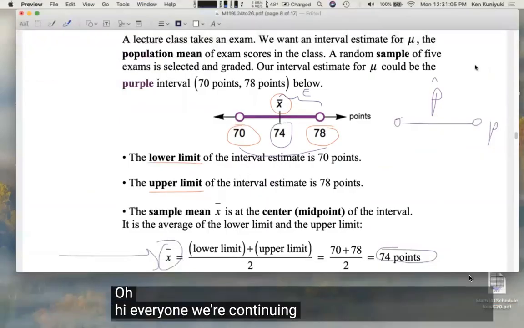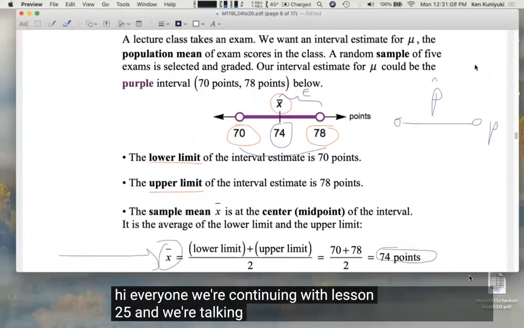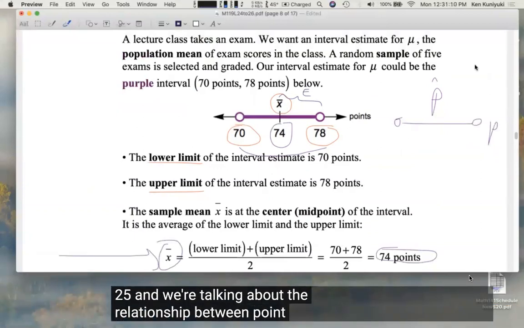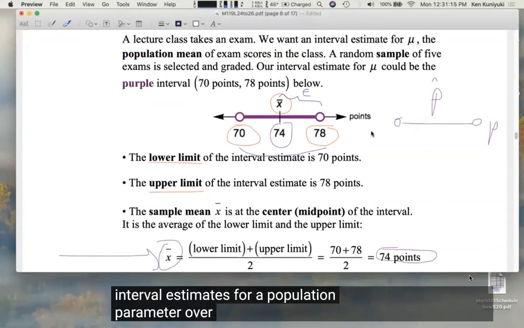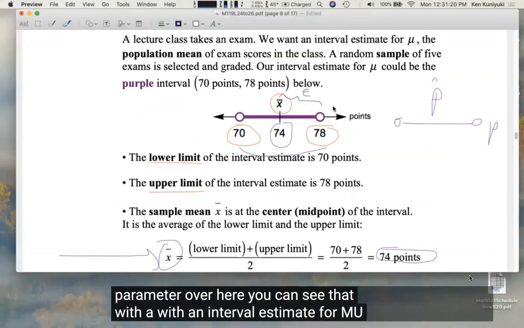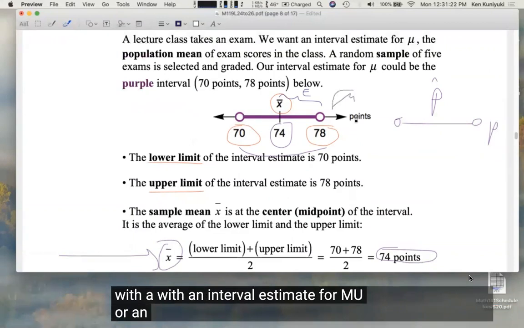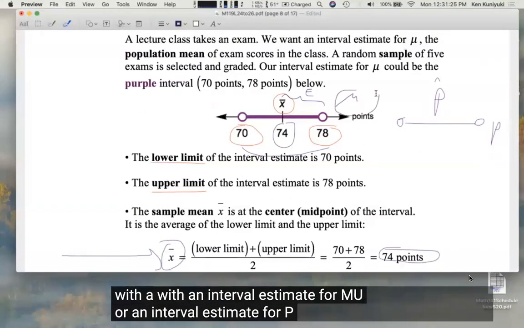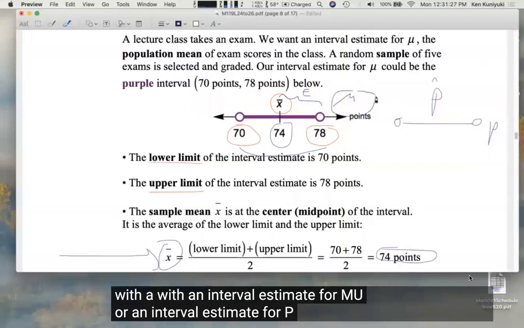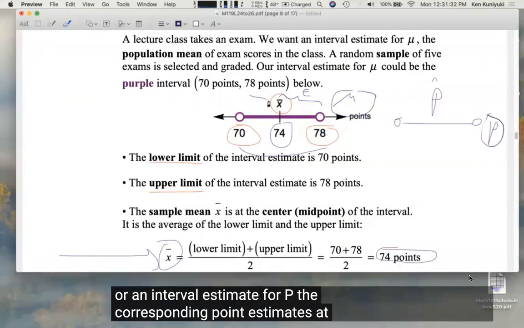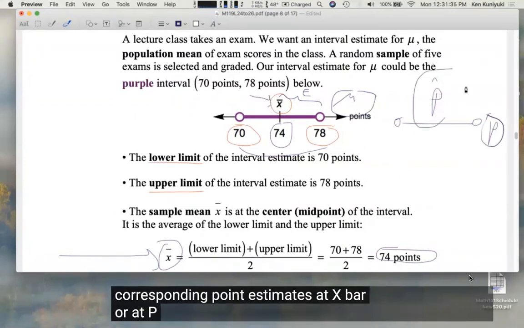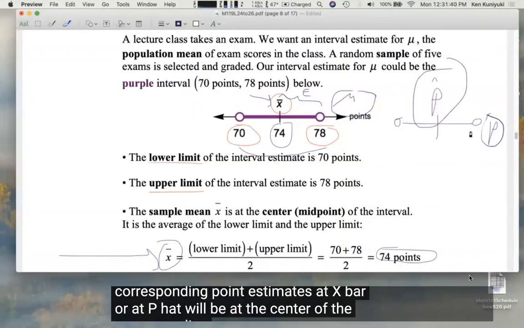Hi, everyone. We're continuing with lesson 25, and we're talking about the relationship between point estimates and interval estimates for a population parameter. Over here, you can see that with an interval estimate for mu, or an interval estimate for p, the corresponding point estimates, x bar or p hat, will be at the center of the corresponding interval.